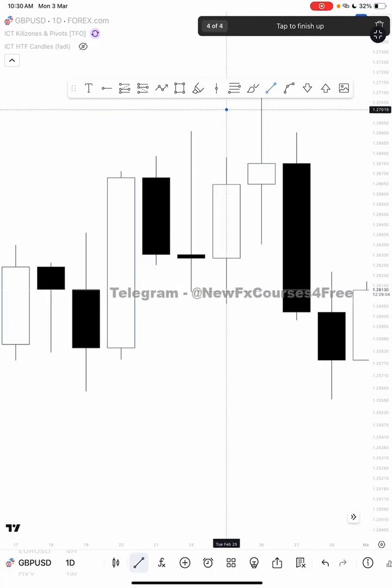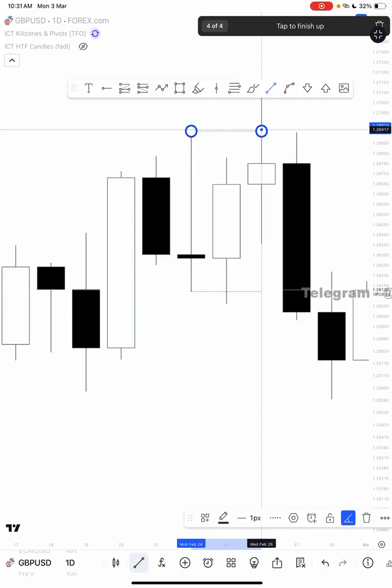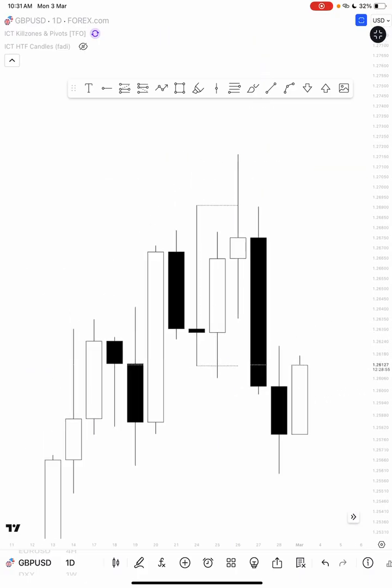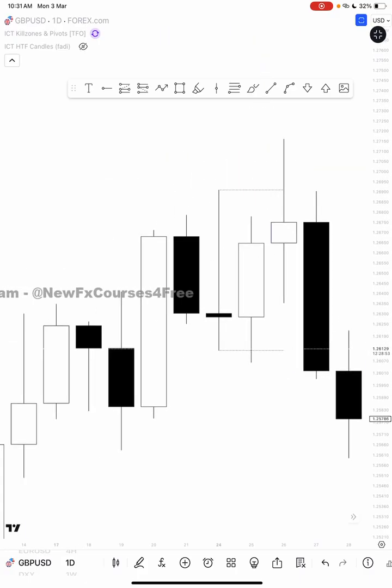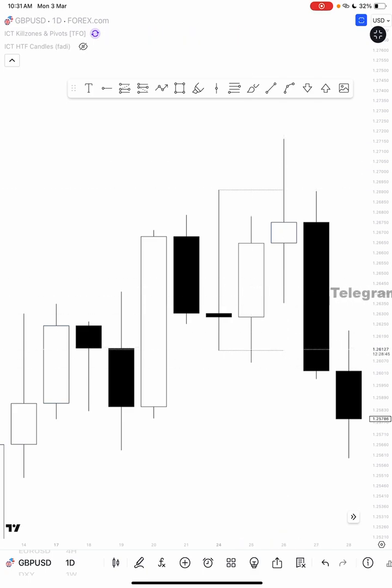So what will be your next target? Monday's high here. Monday's low will be your short-term draw on liquidity, and your long-term draw on liquidity is higher prices.